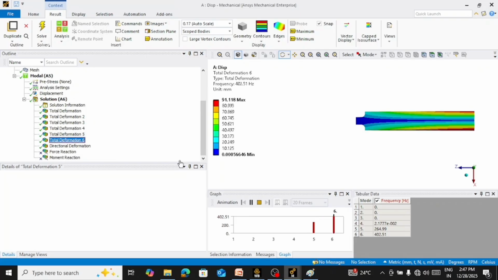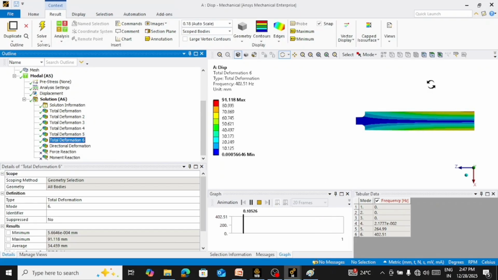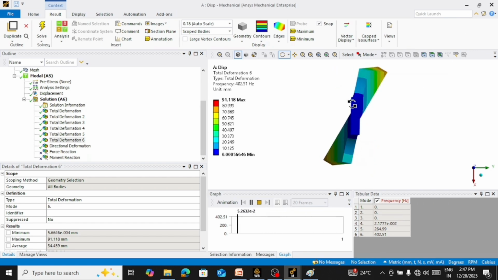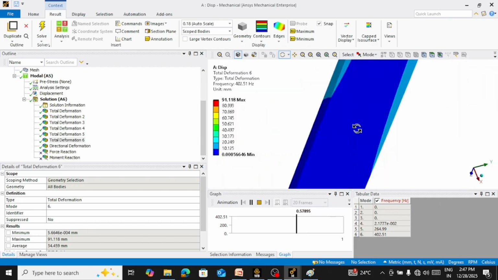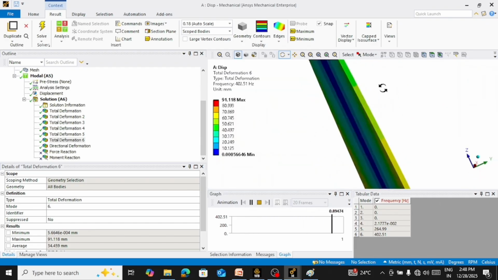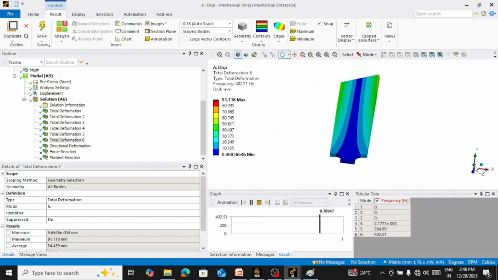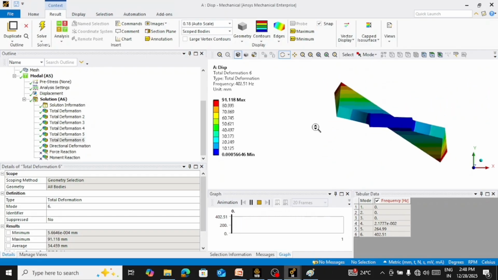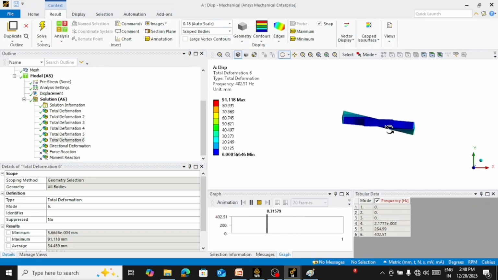Okay, and also if we look at the sixth mode, we can see that the plate or the fan blade is twisting, but at this point this is not moving in x direction, and it's kind of rigidly fixed here.